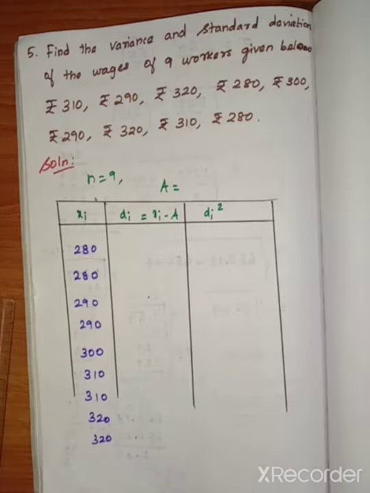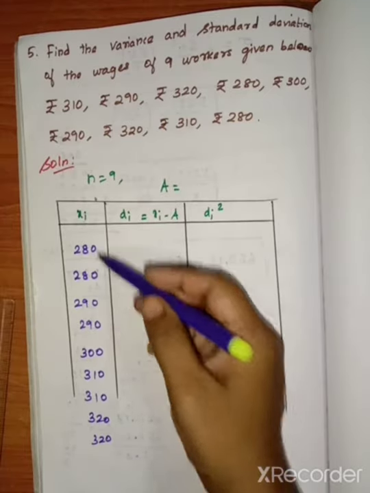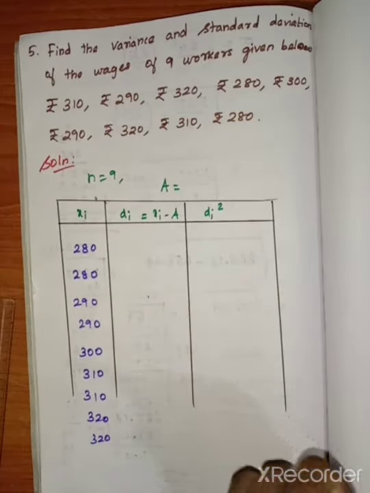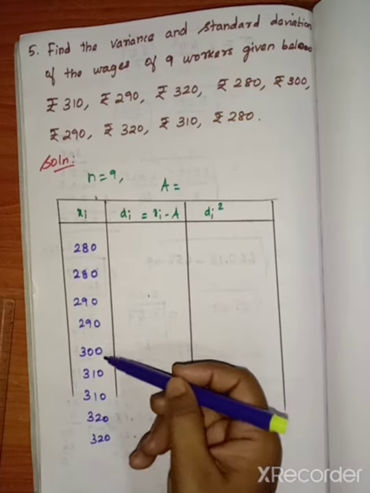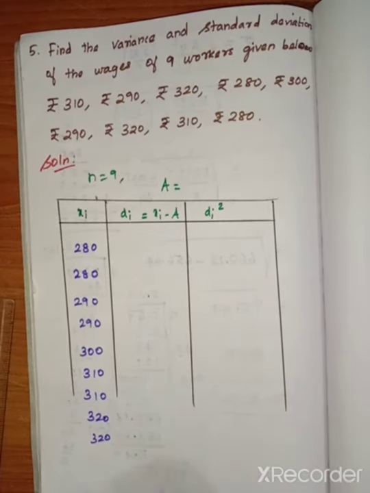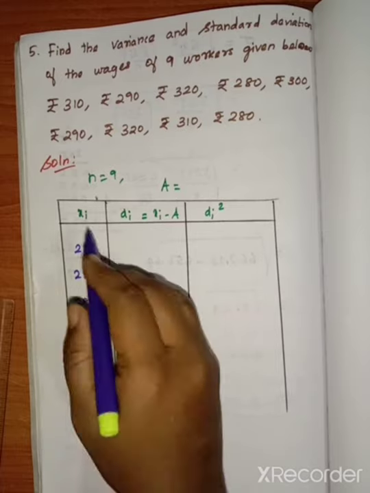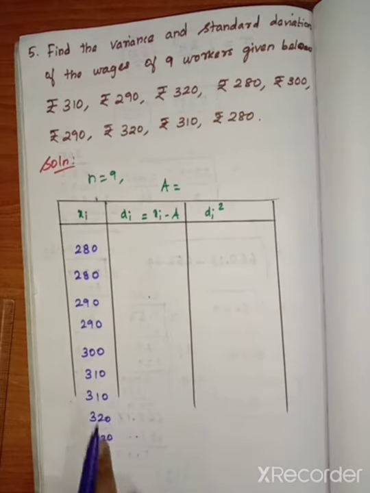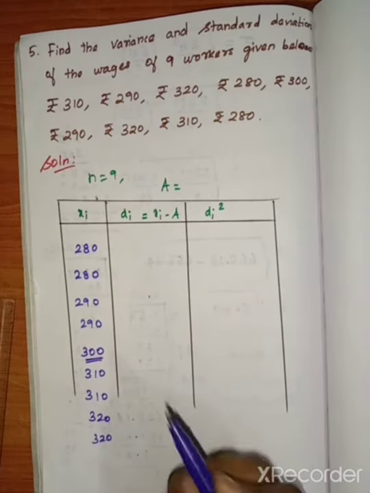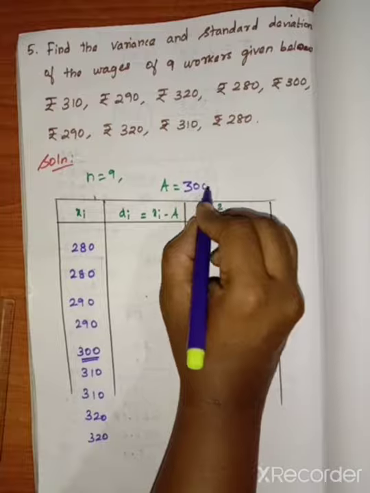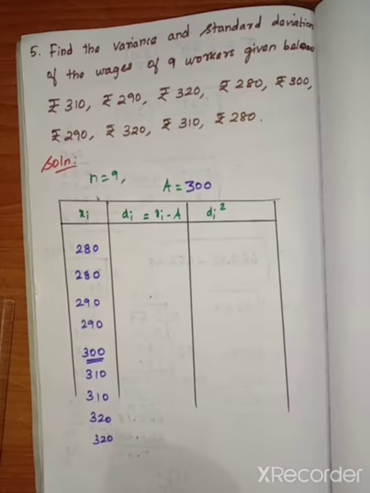So the 9 workers' values are written. We can take the first value, no problem. Why we can use the center value: because when we subtract, the positive and negative sides are equal, so we can cancel easily. Since these are odd numbers, the center value is 300. So we take 300 as the assumed value.